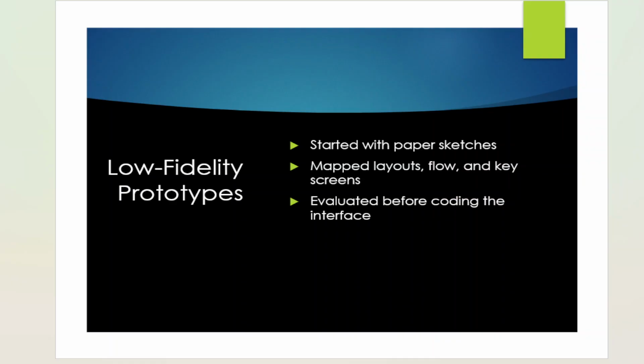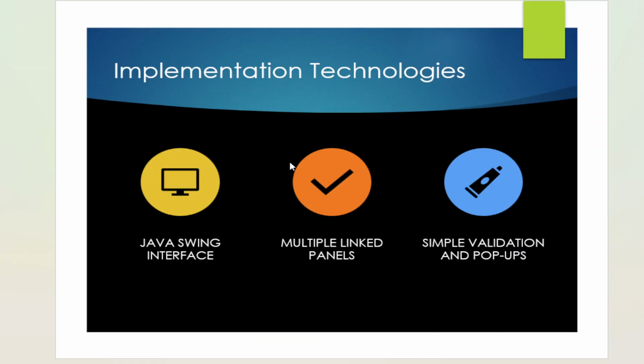Next slide is implementation technologies. So the system was built in Java using the Java Swing interface. Each screen is a separate panel, and I used a card layout to switch between the screens.